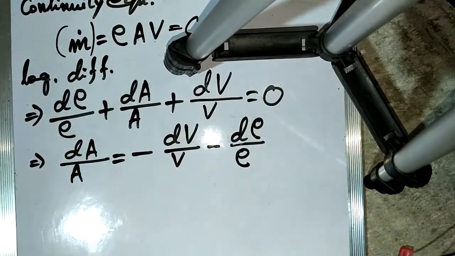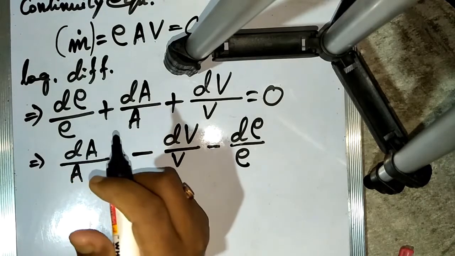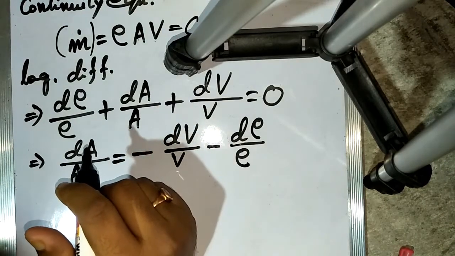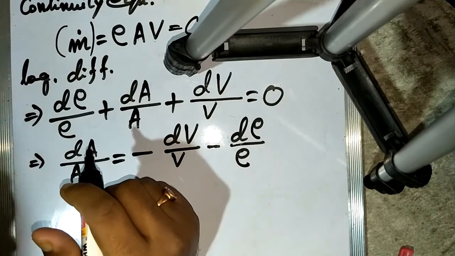And we know that in the previous case the value of dP by dV is nothing but minus rho V.